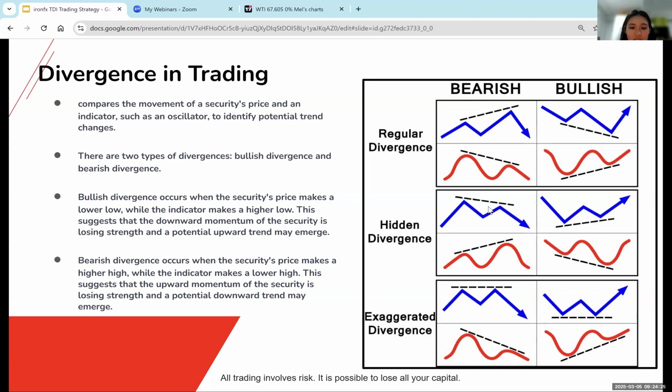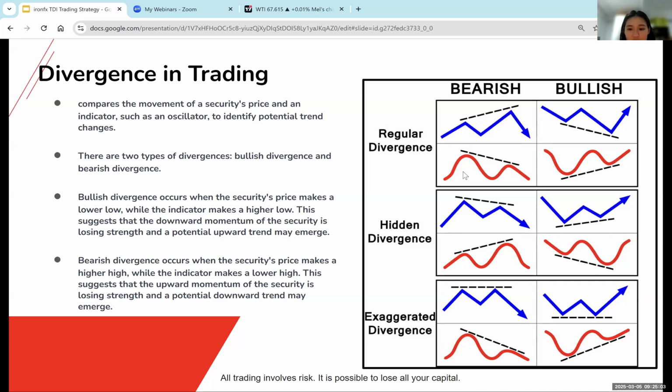Bullish divergence occurs when the security's price makes a lower low, while the indicator makes a higher low. You can see here, blue represents price, and the red represents our indicator. For a bullish divergence, when price makes a lower low but the indicator makes a higher low, this suggests that the downward momentum of the security is losing strength and a potential upward trend may emerge.